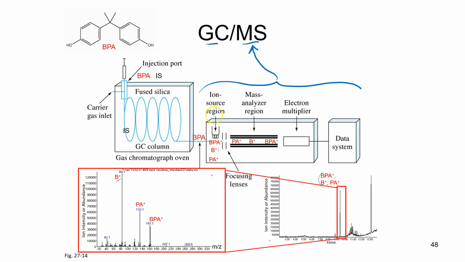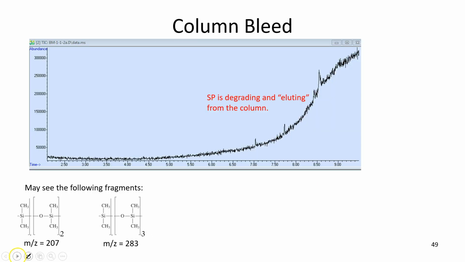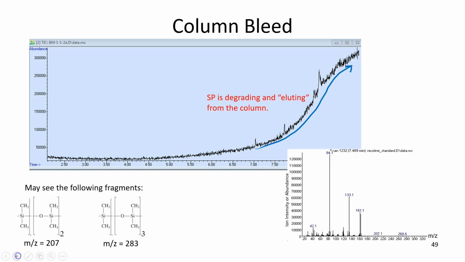And again, we'll talk about each of these components in a mass spec in great detail later. I think you've seen this figure before where this rising baseline is column bleed. And if you were to take maybe a mass spec of one of these peaks, you may see some evidence of column bleed.